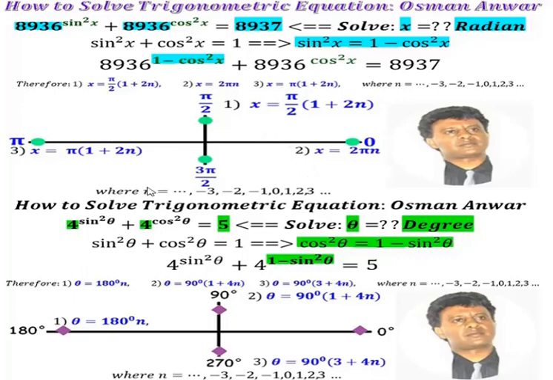So the moral of the story is, no matter what numbers we use, how we solve it, degree or radian, or how we approach it, sine squared x equals 1 minus cosine squared x, or cosine squared theta equals 1 minus sine squared theta, those all do not matter. At the end, all these problems are the solutions of the quadrantal angles.